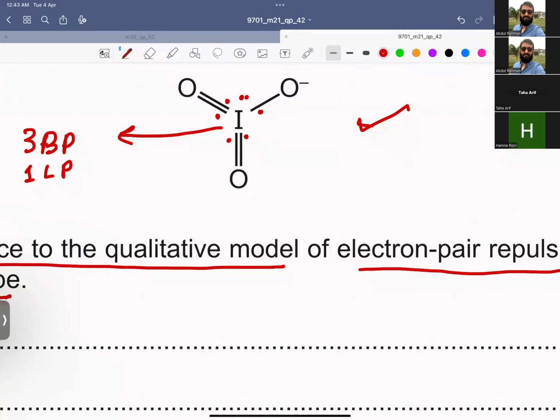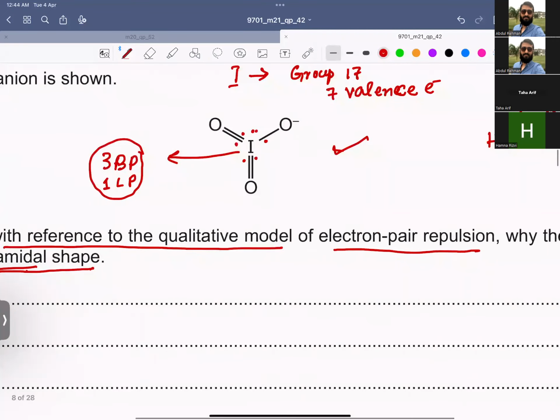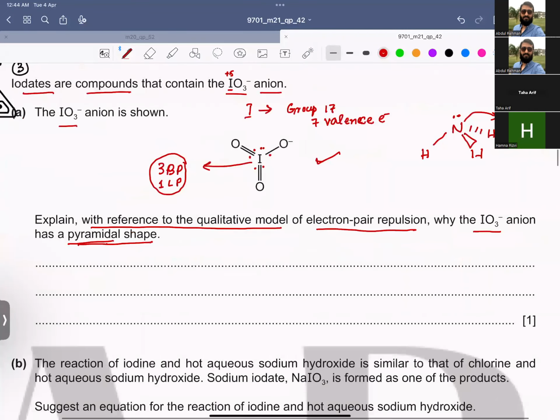So this arrangement of electron pairs around the central atom, which is iodine, leads to the pyramidal shape.